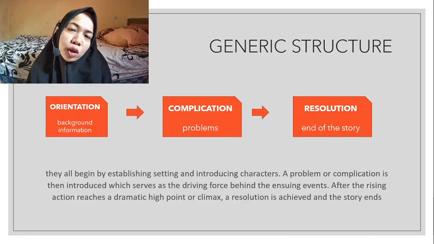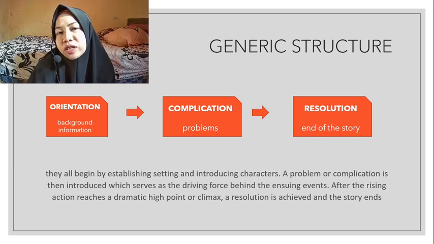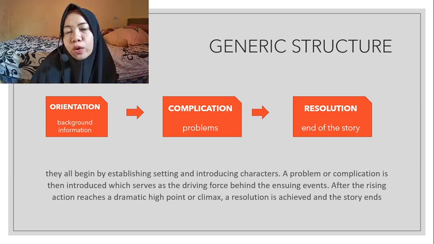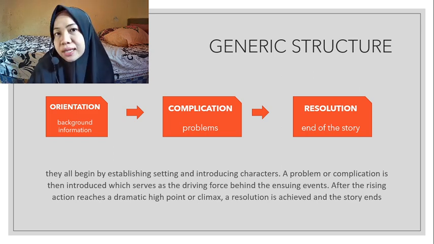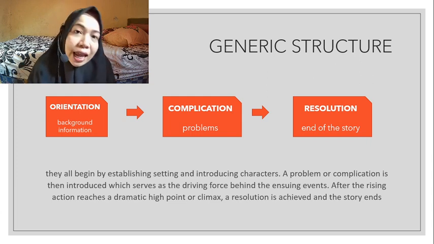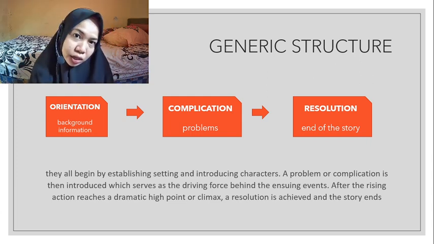Next, let's talk about the generic structure. Okay, so the common generic structure of short prose fiction is built based on the orientation, and next the complications, and will be ended by the resolution. Let's talk about the orientation first.